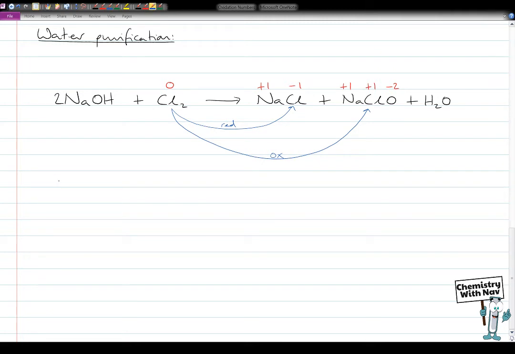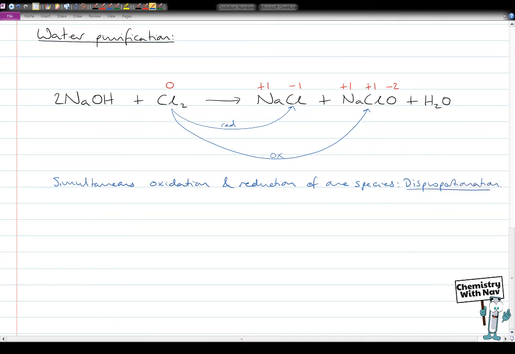And if you have a simultaneous oxidation and reduction of one species, that's called disproportionation. Okay, and that occurs here for that chlorine because chlorine can have variable oxidation states.